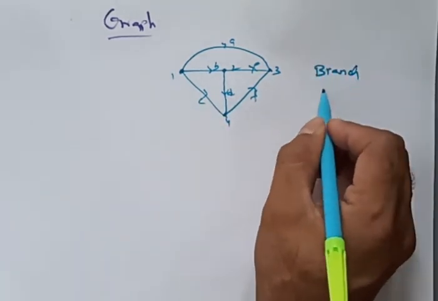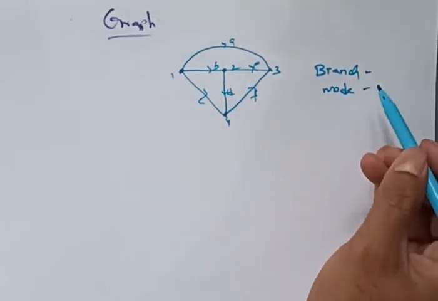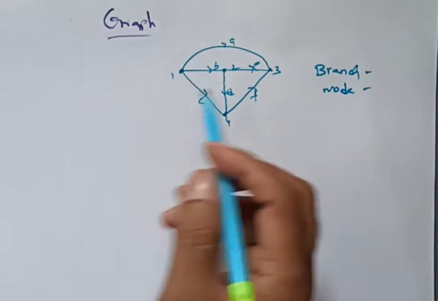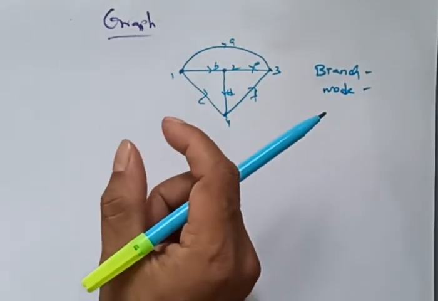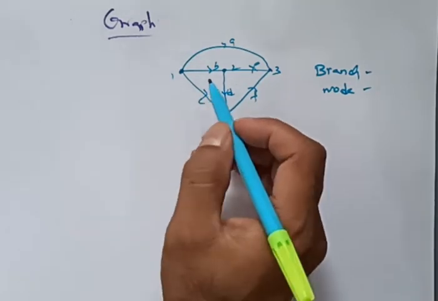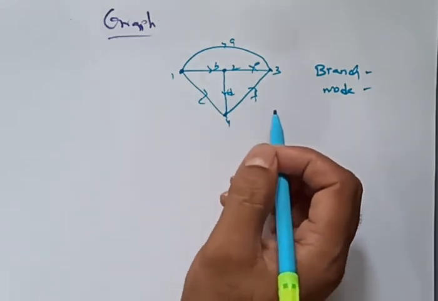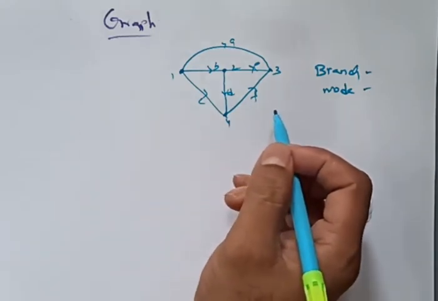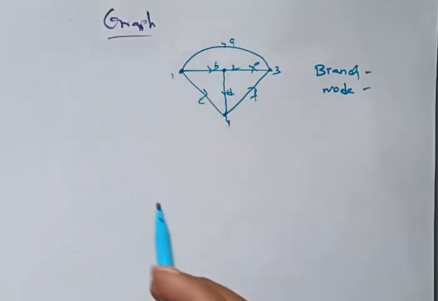So here we are defining two different terminologies, branch and node. A node is the interconnection point where two or more branches are connected, and a branch is a line segment that connects two nodes.